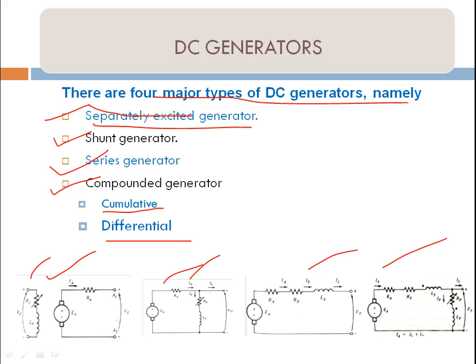This is the shunt generator, where there is a shunt; the series generator has a series winding; and this is the shunt series generator.